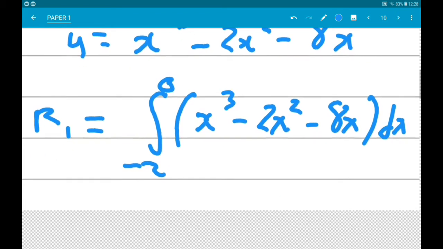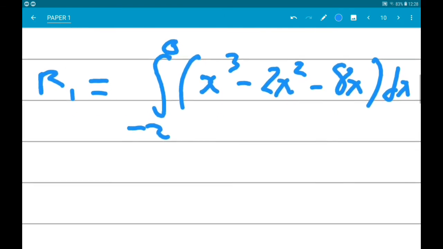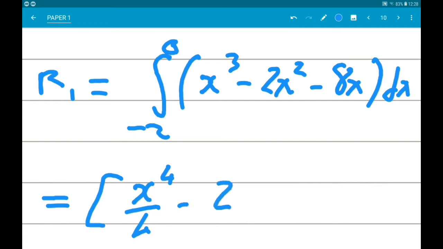So that is x to the power 4 over 4 minus 2x cubed over 3 minus 8x squared over 2, so 4x squared.